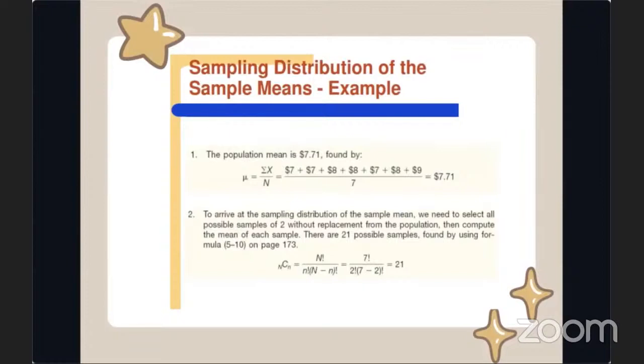To arrive at the sampling distribution of the sample mean, we need to select all possible samples of 2 without replacement from the population, then compute the mean of each sample. There are 21 possible samples found by using formula 5 to 10.